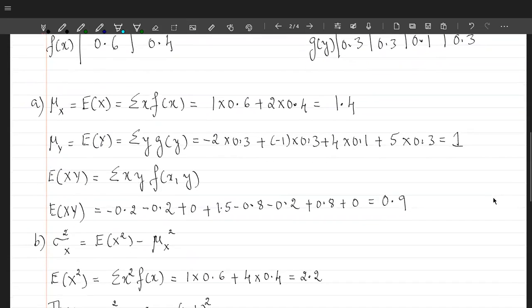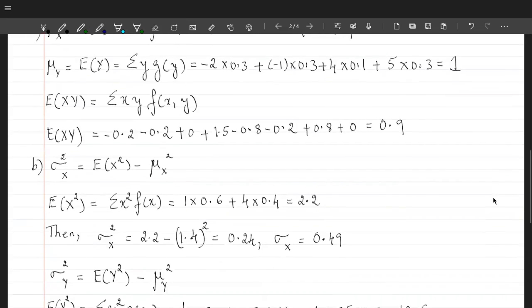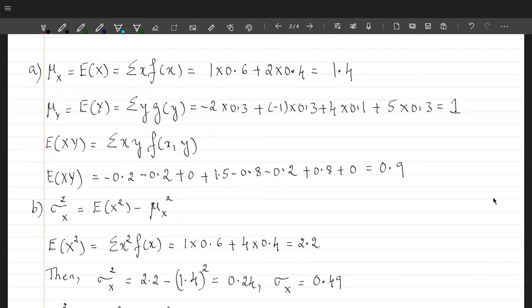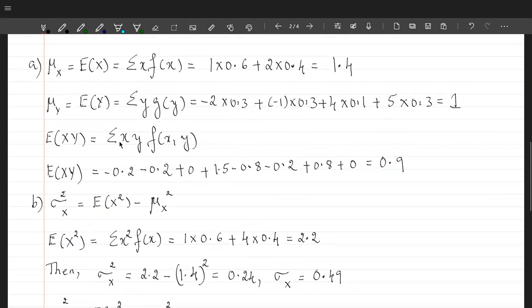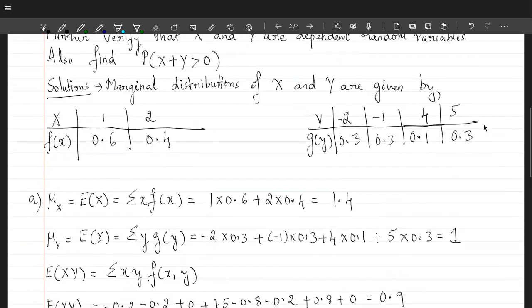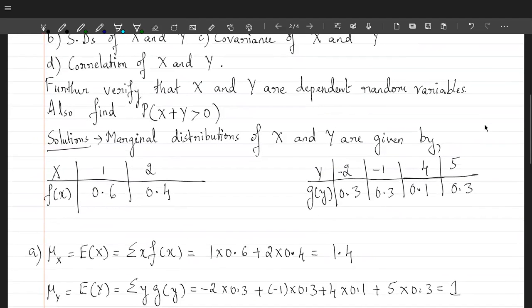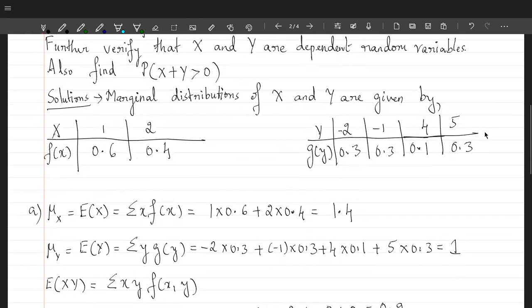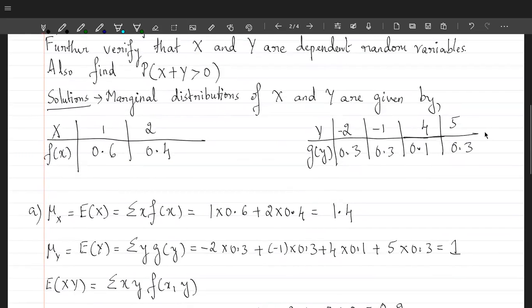Now let's see the value taken by E of xy. To find E of xy, the formula is summation x into y into f of x comma y. To get that answer, we will have to use the joint probability distribution table, because in that both the values of x and y with the corresponding probabilities are present.